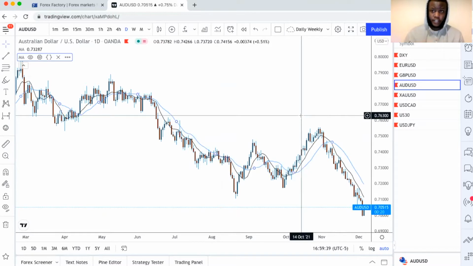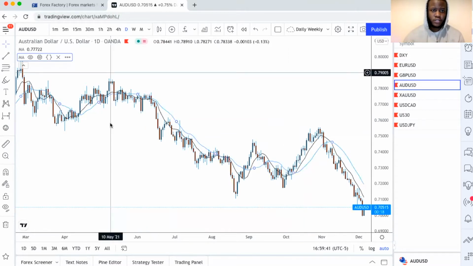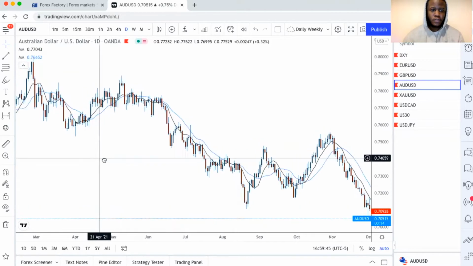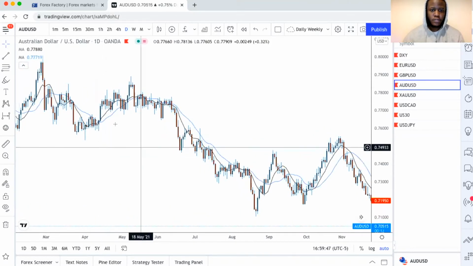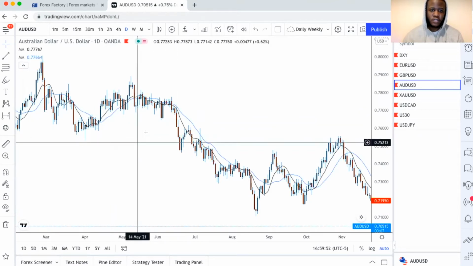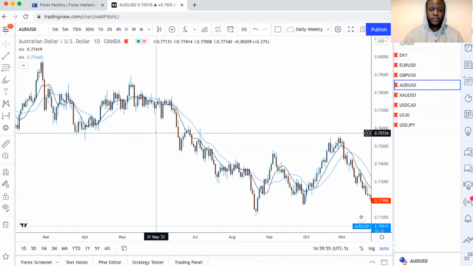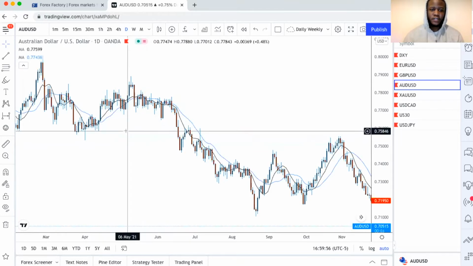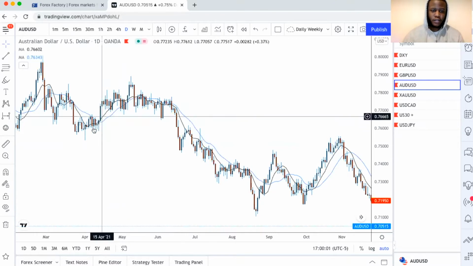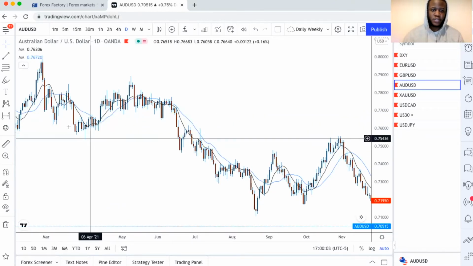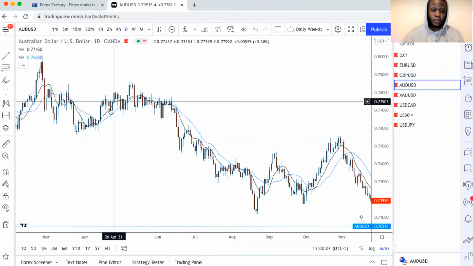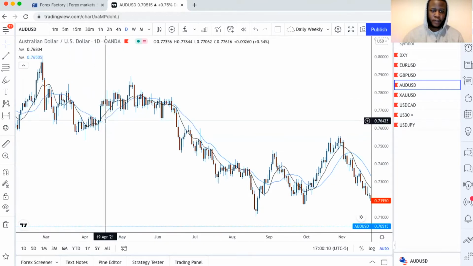Okay, so this is a daily chart, as you can see. So for the moving averages, pretty much you want to see them cross each other. When it's an uptrend, you want to see the black cross over to the upside, and the blue moving average is below that.